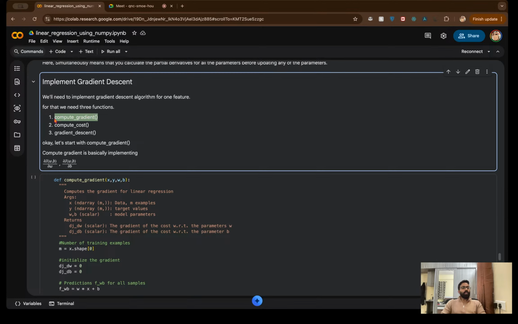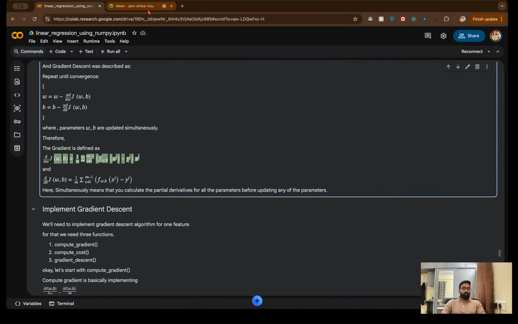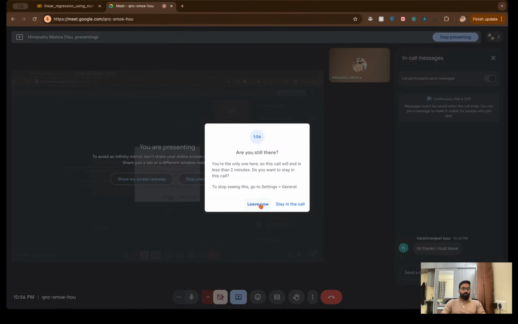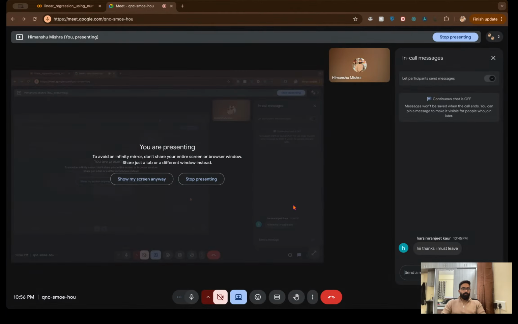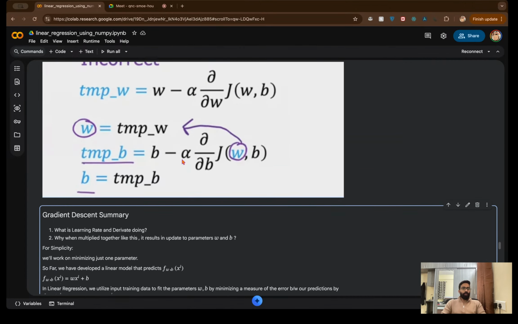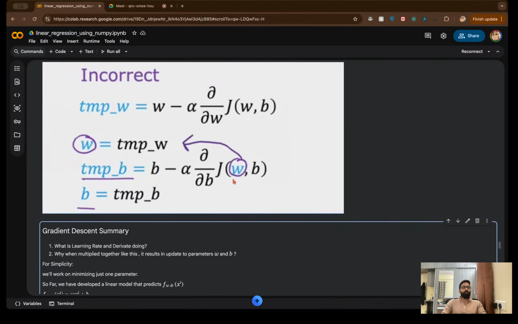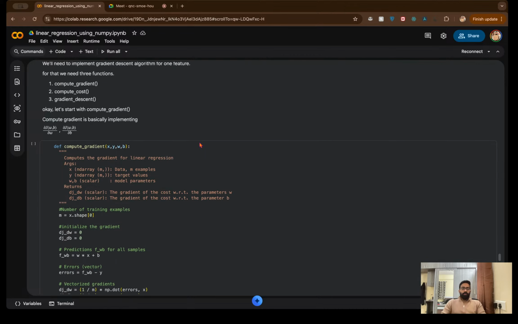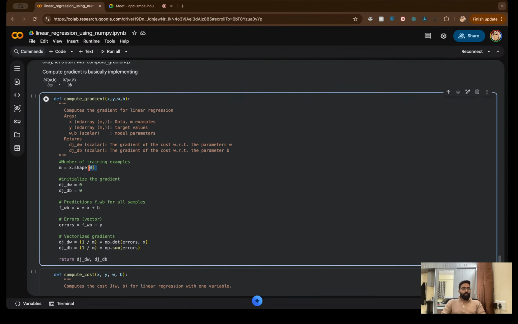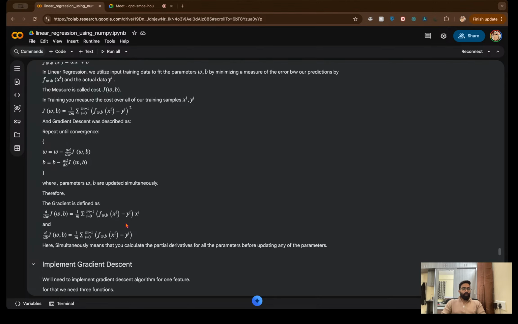What is compute gradient? Compute gradient will compute this part, because on every step it needs to compute. So we need a function that will compute this part on every step, right? For this function, what do I need?